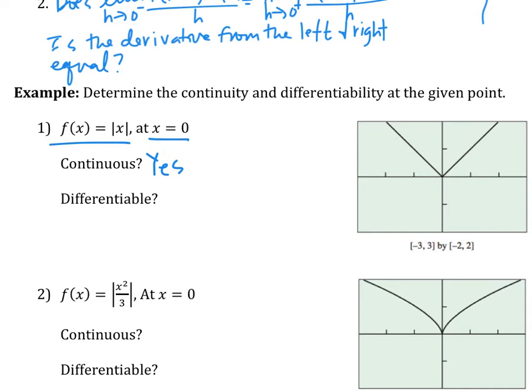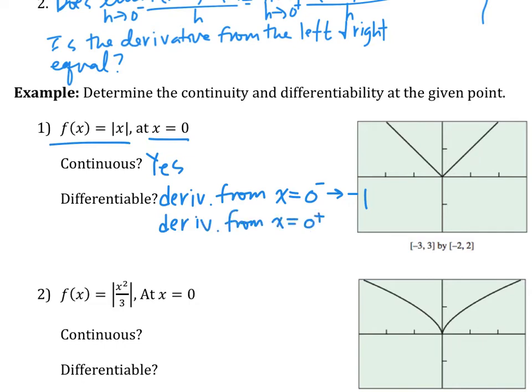The derivative from x equals 0 minus, left of 0, that is -1, right? And then the derivative from the right of 0 is +1.